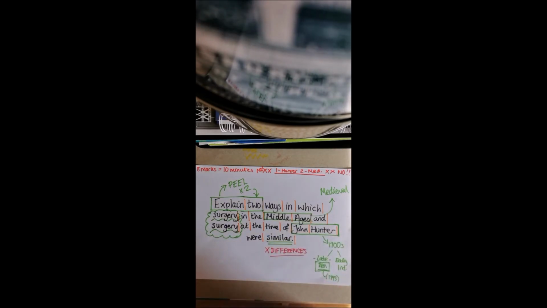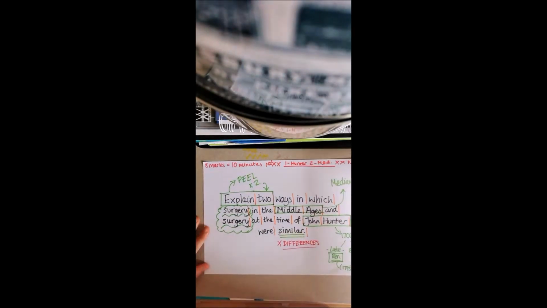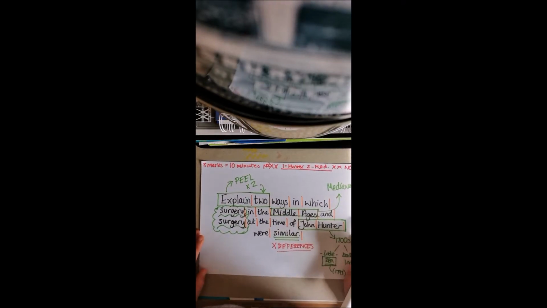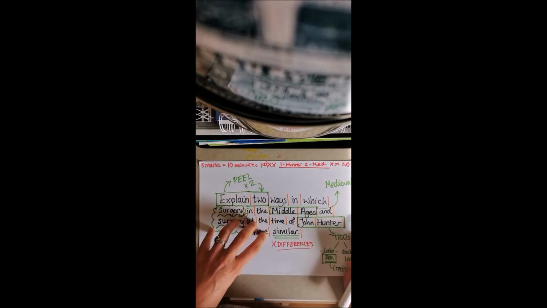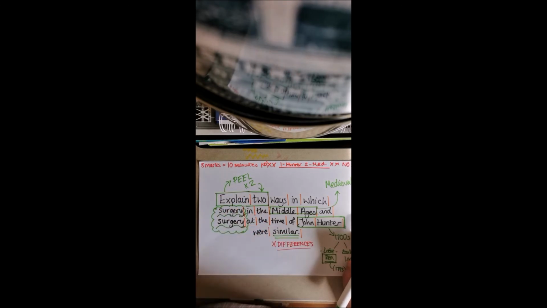All right? Now, going back to surgery, when I looked at this question and picked that I wanted to do it, I thought, what might a student try and do, and how can I lead you elsewhere?